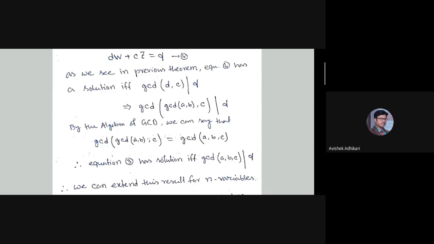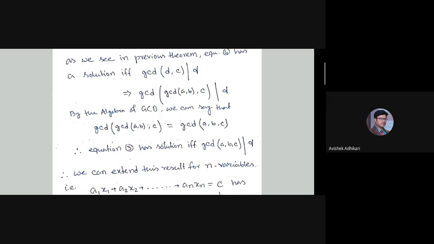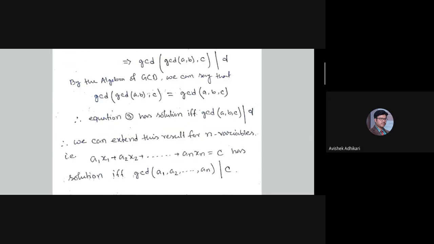If we extend this result to n variables, a linear Diophantine equation of the form a1x1 plus a2x2 plus ... plus anxn equals c has solutions if and only if the GCD of all the coefficients of the variables divides c.